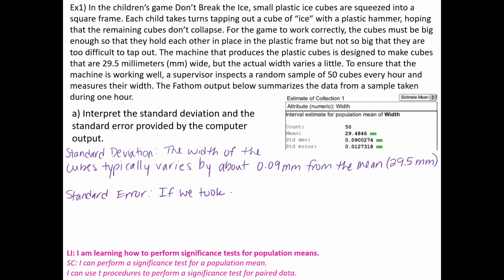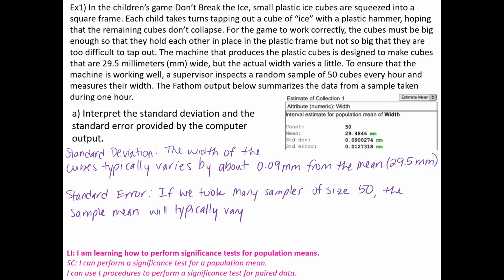So we have that idea of if we took many samples of size 50, just like this particular situation was a sample of size 50. The sample mean will typically vary. There's that phrase again.